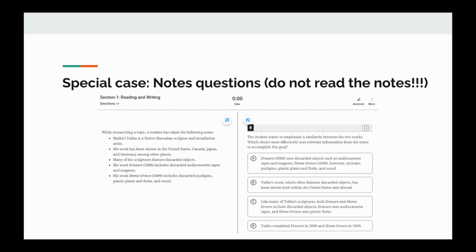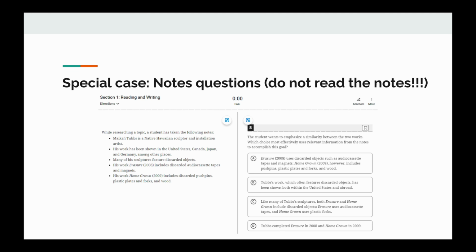And now we have a special case, which are the notes questions. So I'm not sure if everyone knows this, but when you're solving notes questions, do not read the notes themselves. 99% of the time, you will be able to answer the question without reading the notes, just by reading the first half of the question. And that's very important.